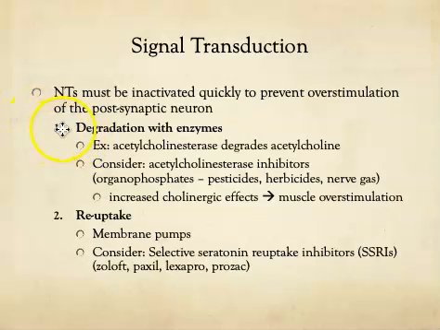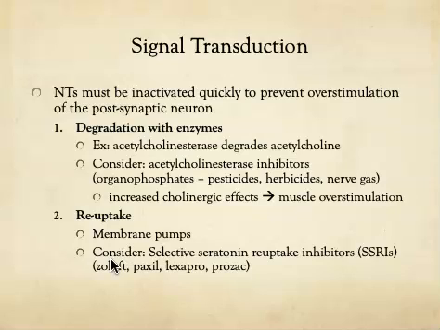Number one, the neurotransmitter can be degraded. Enzymes can be used in the synaptic cleft to degrade the neurotransmitter very quickly. Number two, the neurotransmitter can be taken back up into the presynaptic neuron. And this is achieved through membrane pumps.